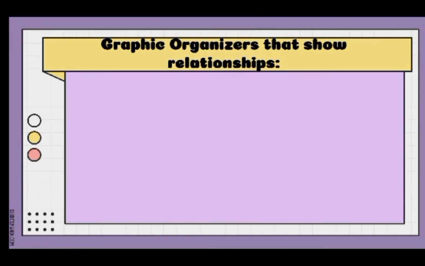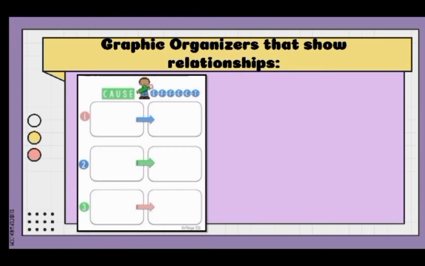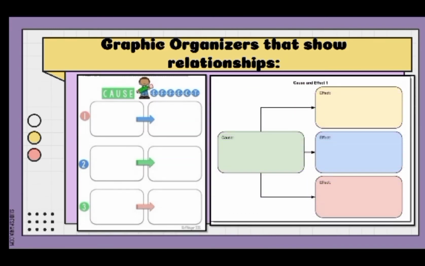The first type of advanced or graphic organizer is showing relationships. We have the first one, the cause and effect relationship. You can have your own chart in showing the causes and effects of situations, but the graph that you can see is the most commonly used.